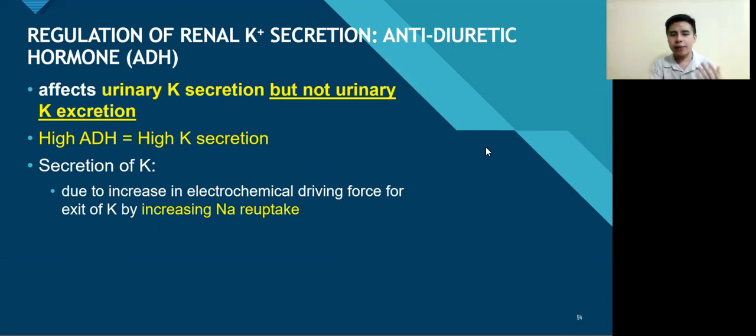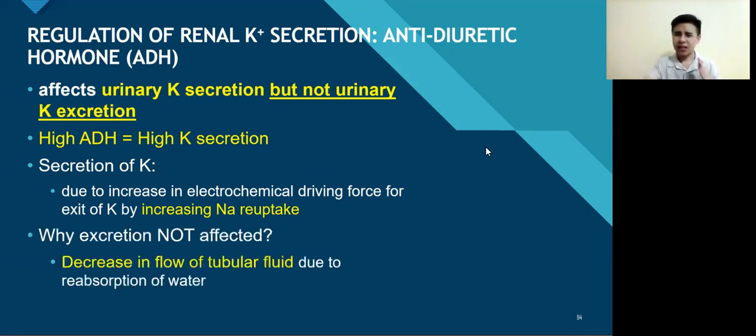So how is it able to enhance potassium secretion? By sodium reuptake. They just exchange places. Sodium reuptake, potassium secretion. That's all. But why is it that excretion is not affected? Because there will be a decrease in the flow of tubular fluid due to reabsorption of water. The function of ADH is to reabsorb water.